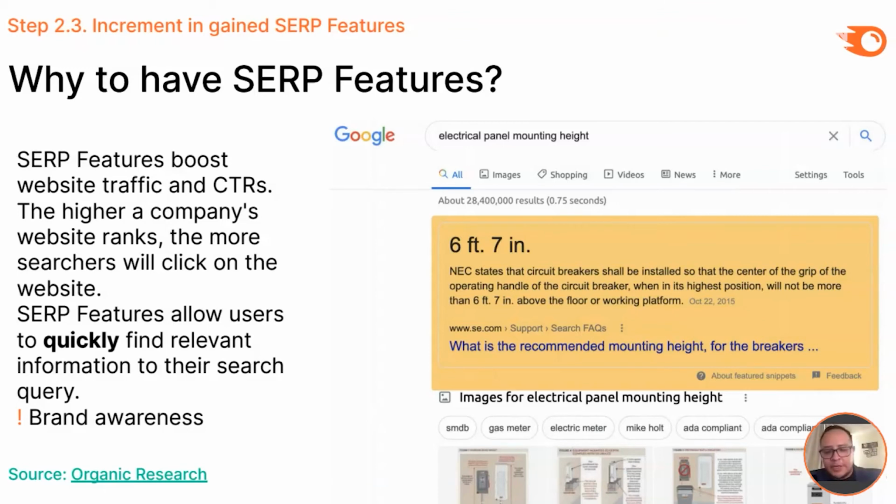Why do you need brand awareness? Basically, people are going to be more familiar with what you're doing. Imagine that you need the size of this panel, and you are installing this electrical system in your house or in one of your rooms, and you don't know this information. Here you have all the information you need in one single paragraph, which is brilliant.